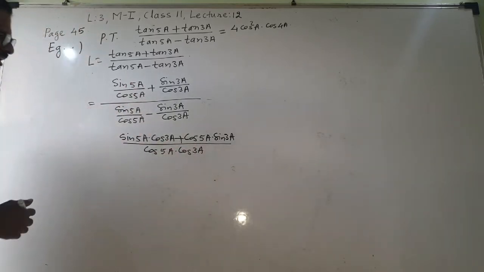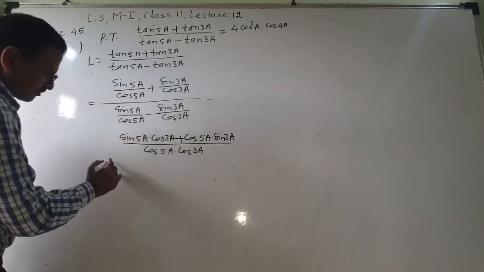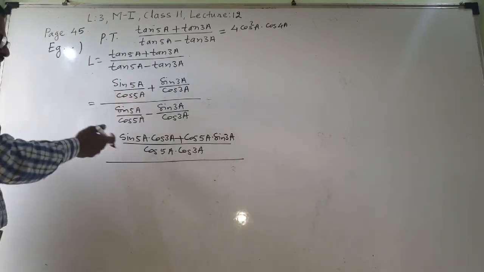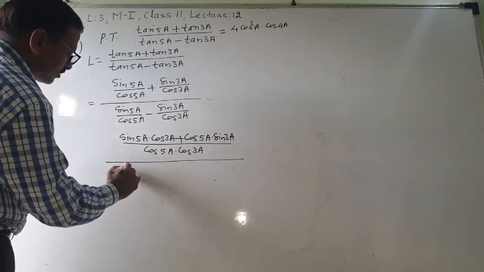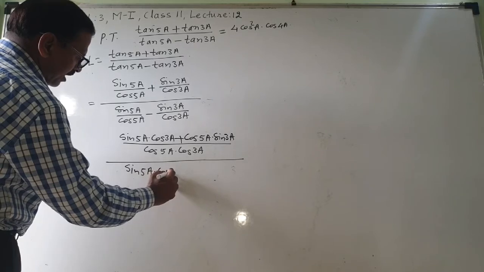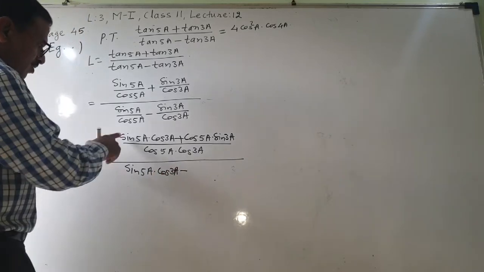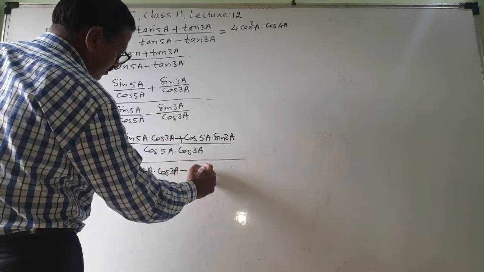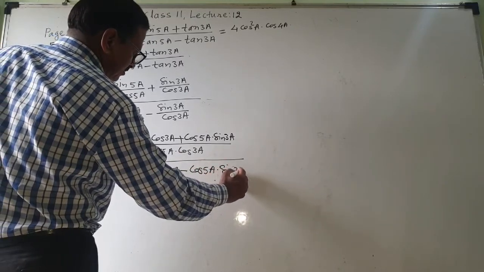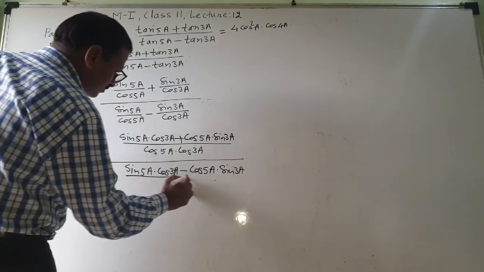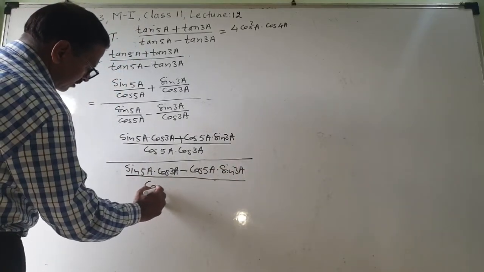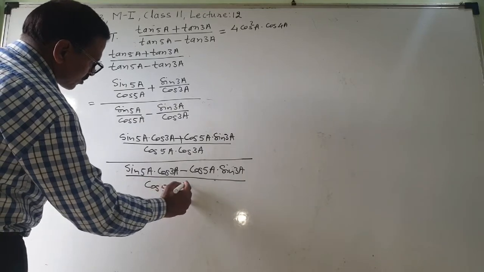This is all with the numerator. Now the denominator. Denominator will be also same, only the sign will be minus over here. So sine 5a into cos 3a minus cos 5a into sine 3a upon cos 5a into cos 3a.